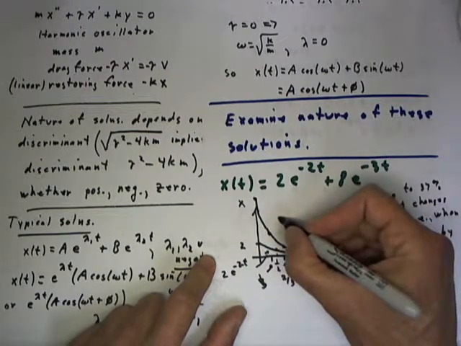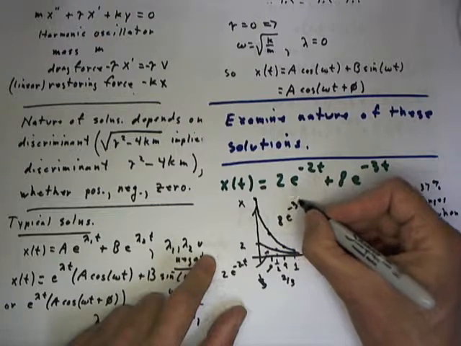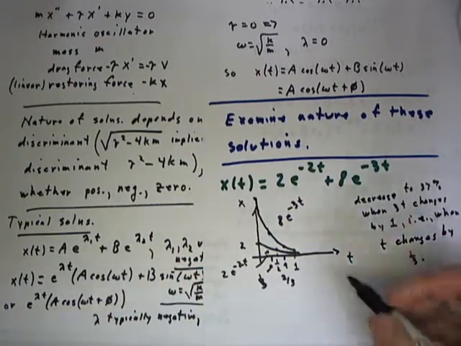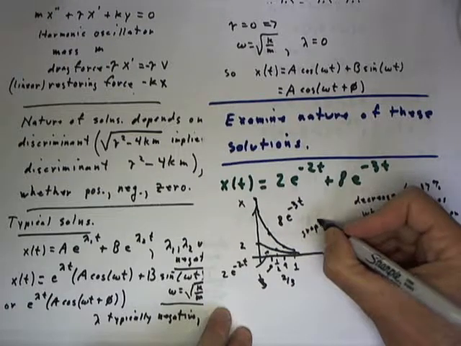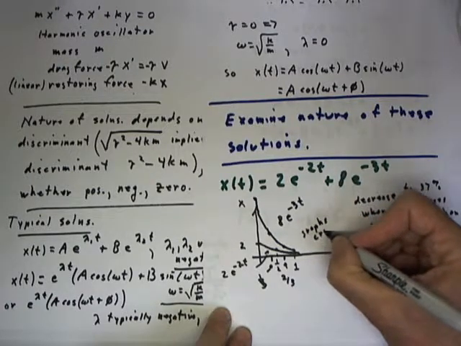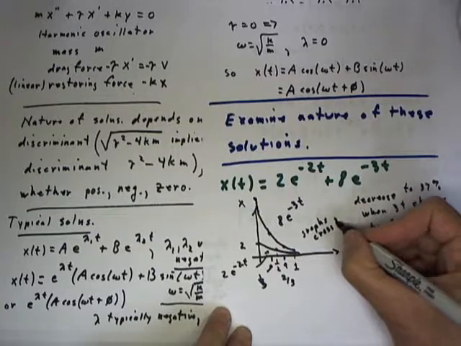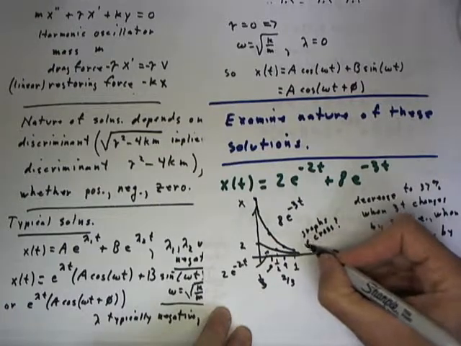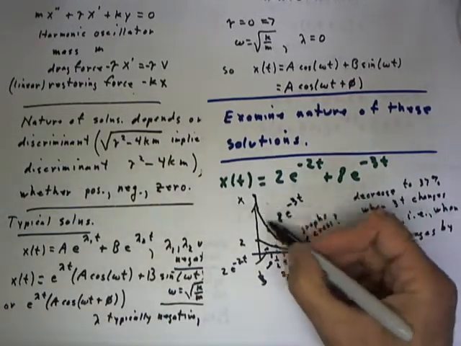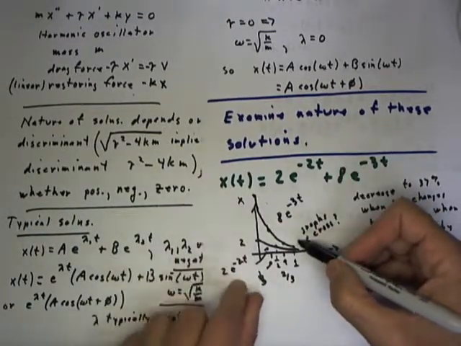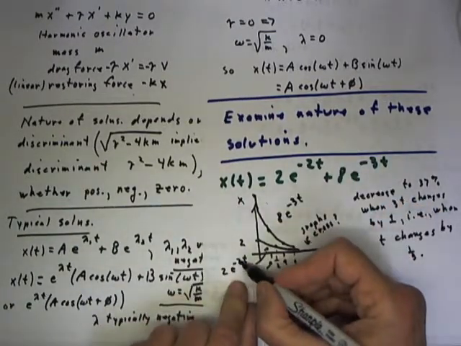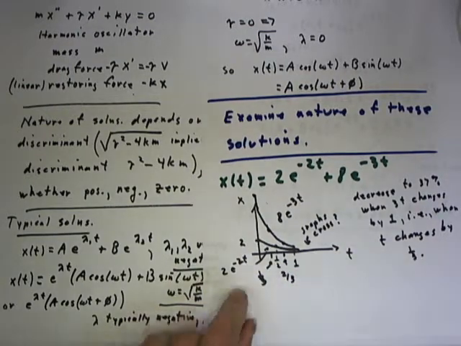So if this is our function 8e to the negative 3t, the graphs are going to cross maybe about here. Then the 8e to the negative 3t is going to become insignificant compared to the 2e to the negative 2t.